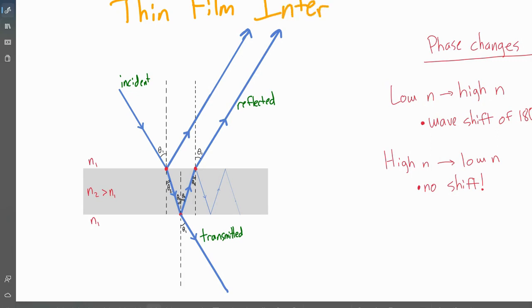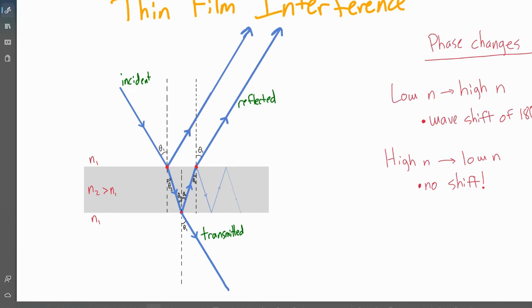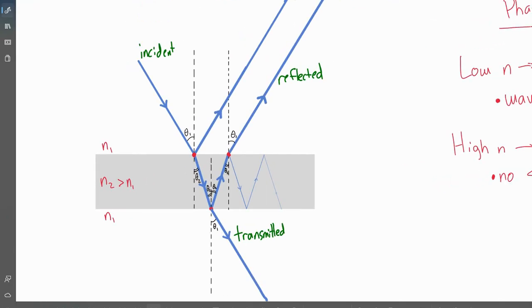There aren't a ton of questions about this, but you do have to know thin film interference to answer a couple of the questions. So let's say there's an incident ray on just a really thin piece of material. And by really thin, I mean on the nanometer scale. Nanometers, sometimes micrometers if you get lucky, but typically nanometers.